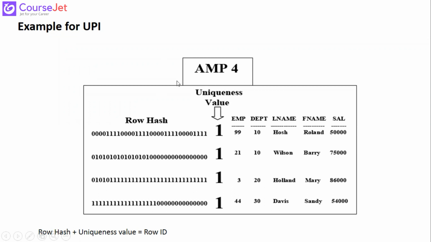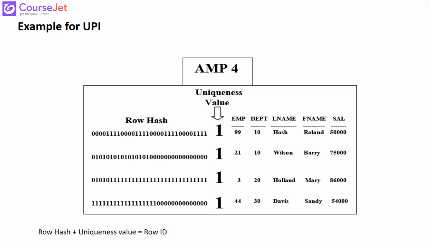Whenever we insert different values and they get inserted into the AMP, before the row there will be a uniqueness value added. If you see here, everything is one, which means there is no duplicate. A unique primary index doesn't allow any duplicates to be inserted.